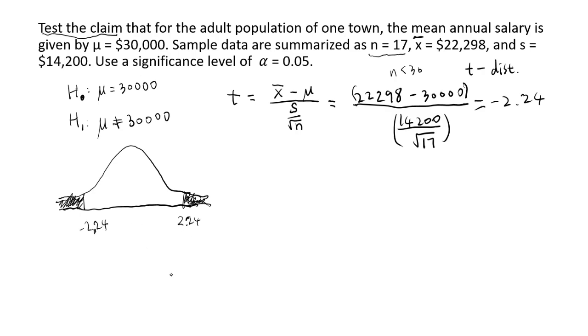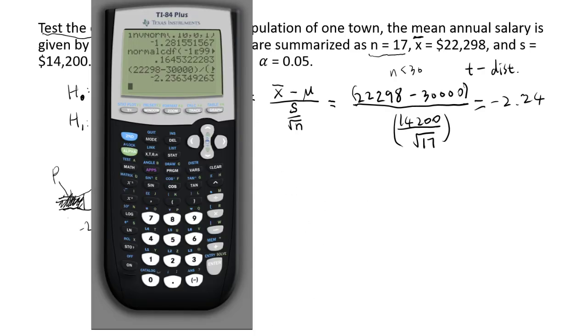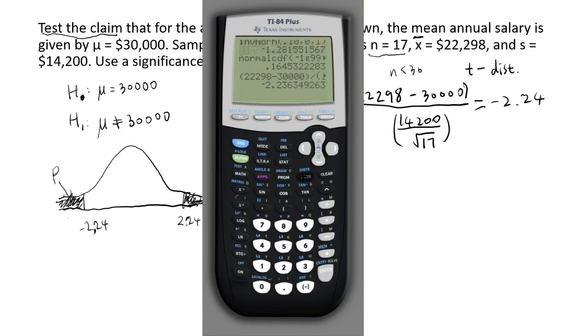Now we can calculate this p by using the Normalcdf function. Second vars, Normalcdf. Let's clear this.